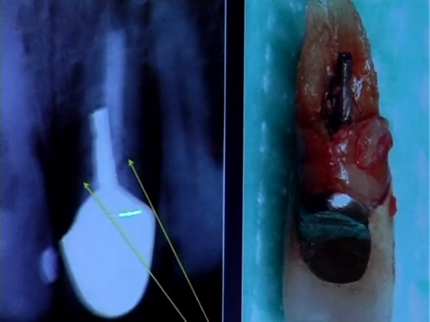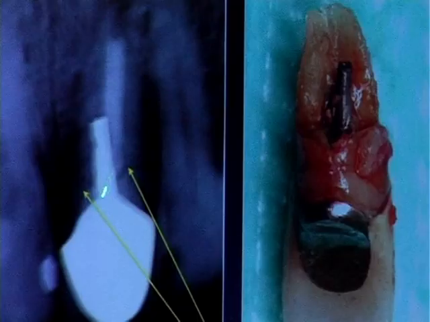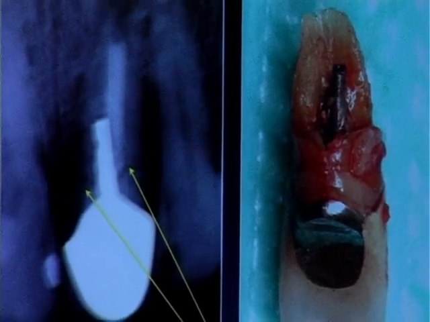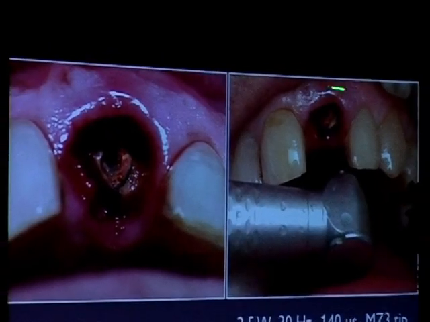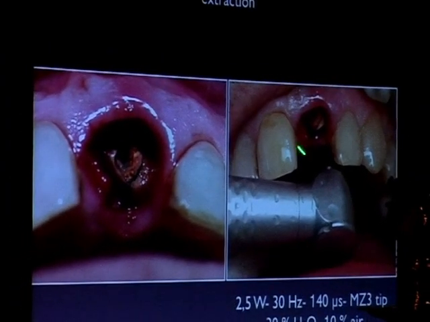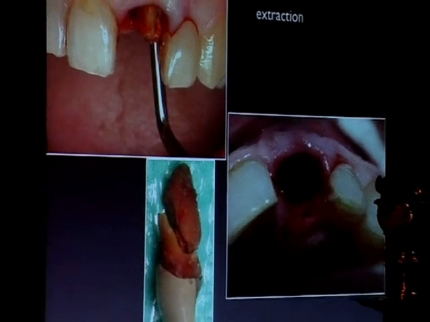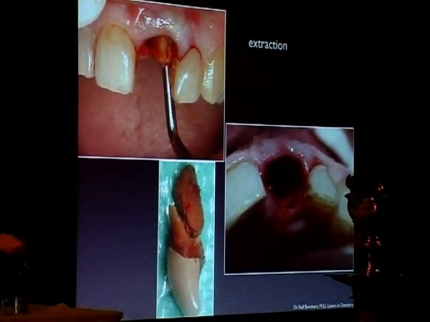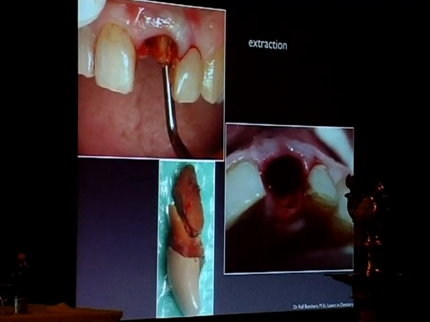Okay, I will show it to you later. In this case, you can do it also. If you have a fracture line and you cannot reach this part of the root, then you use laser, the circular movements, remove the bone, and you can put the bone out without any damage of the structures. So you can directly put an implant in it.